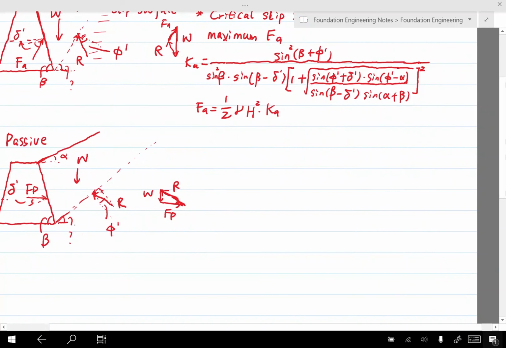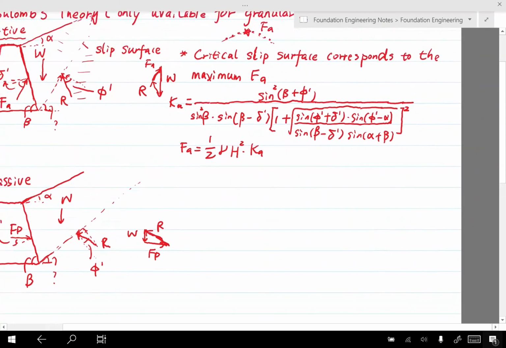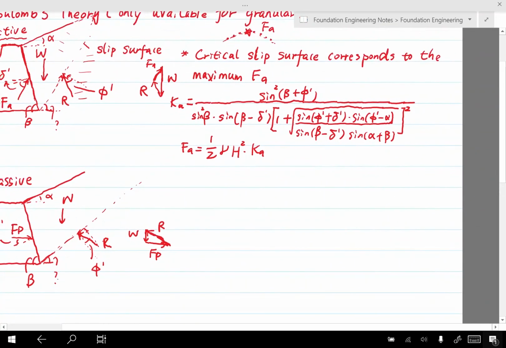Again, we don't know the exact value of the angle of this slip surface. So what we do is that we try different angles for this angle marked with the question mark. And what we would find for the passive earth pressure is that we will get different points. And if we connect the points, we will get a curve.